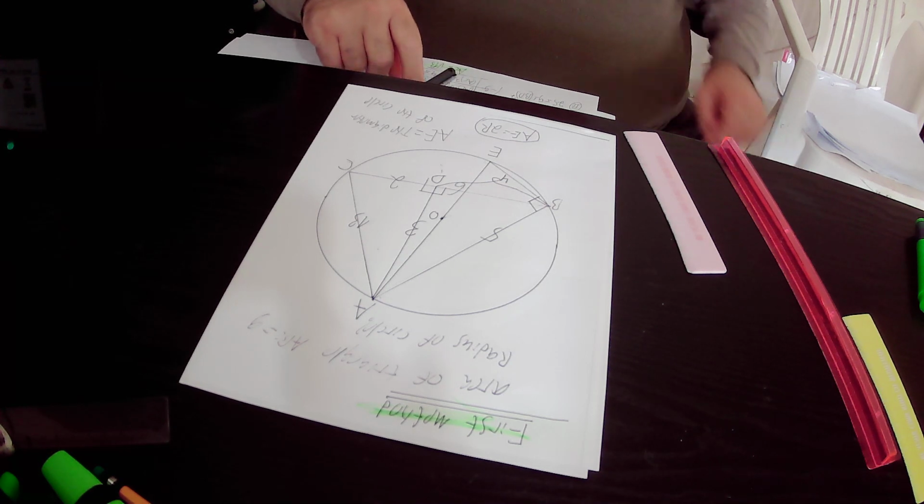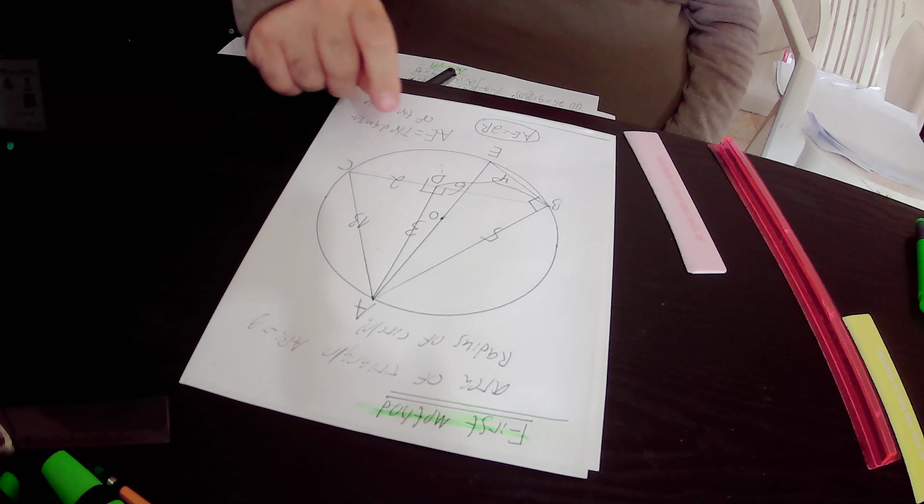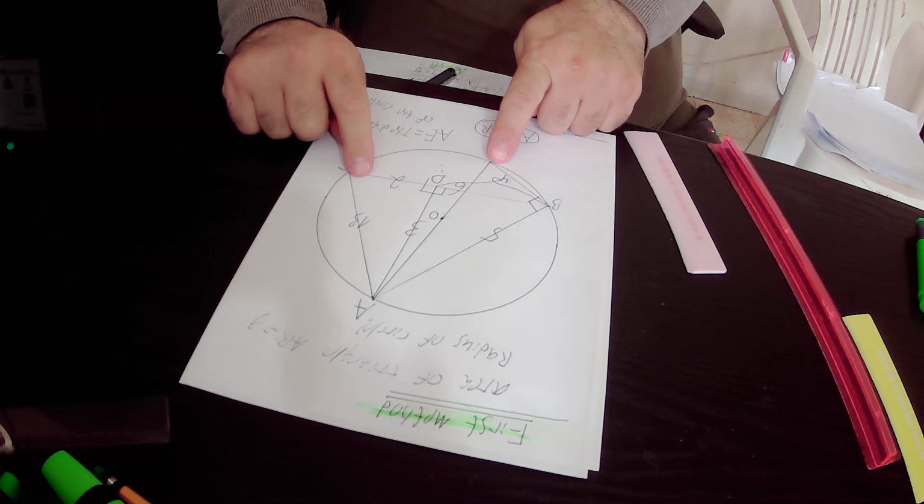So here, if we focus on chord AB, then those two angles both rest on chord AB, therefore they must be equal to each other.